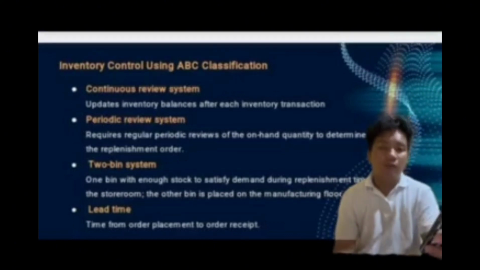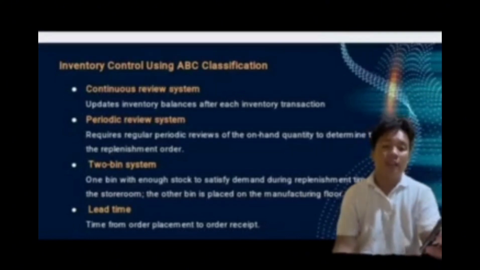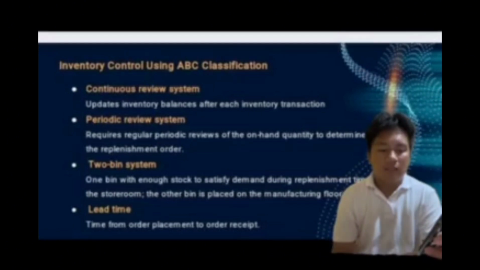Two-bin system: one bin with enough stock to satisfy demand during replenishment lead time is kept in the storeroom. When it is emptied, the order is placed and the other bin is moved to the manufacturing floor. Lead time: time from order placement to order receipt.